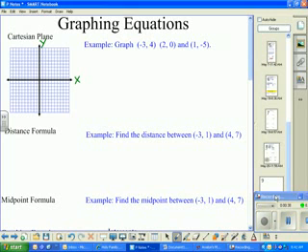Now remember, when we graph these, each of these lines on the grid represents a number. Typically, we went by ones, 1, 2, 3, etc. But you could go by anything as long as you label it. So you could go by twos, you could go by fives, whatever number you chose to go by.